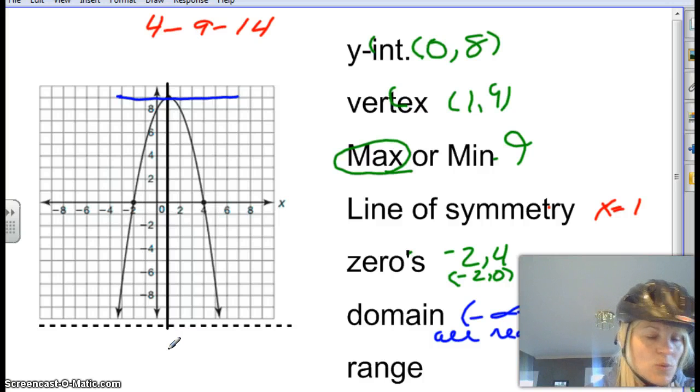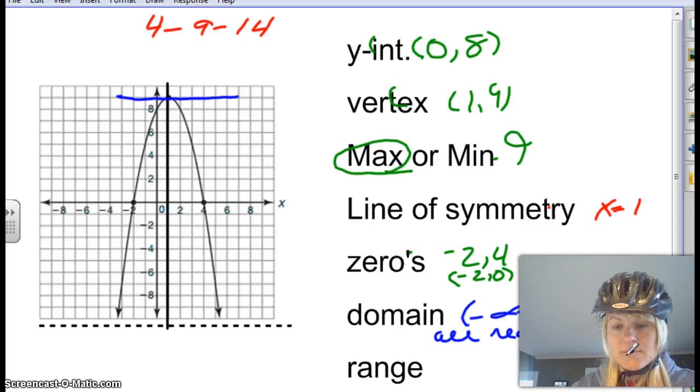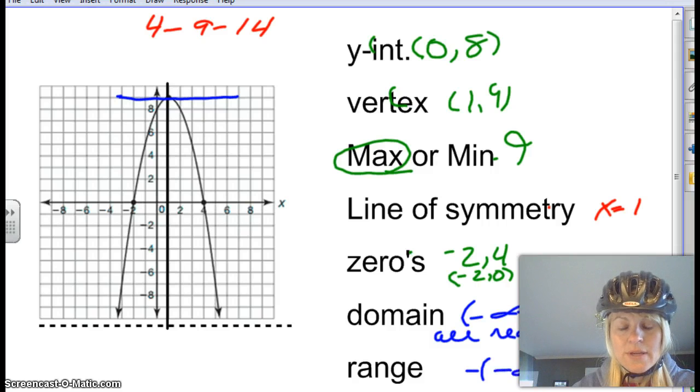So for the range, we know it goes to negative infinity, because it's going down forever, but then it stops at the 9. So we have negative infinity and 9.